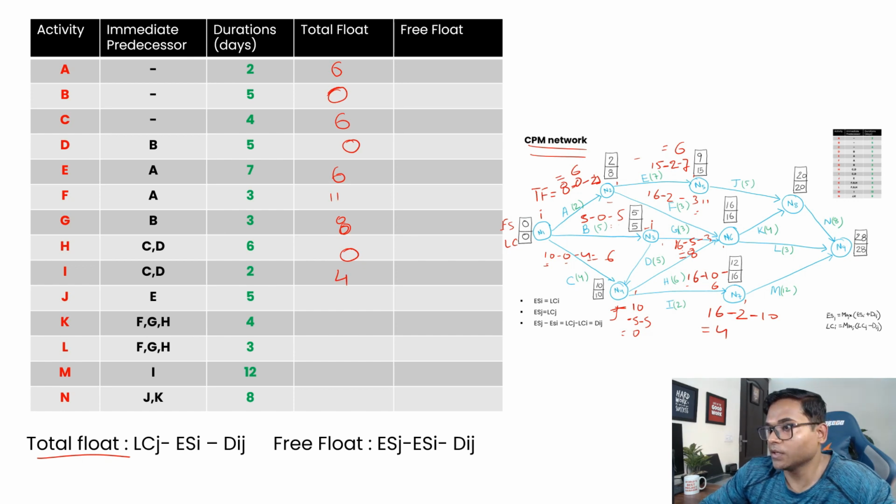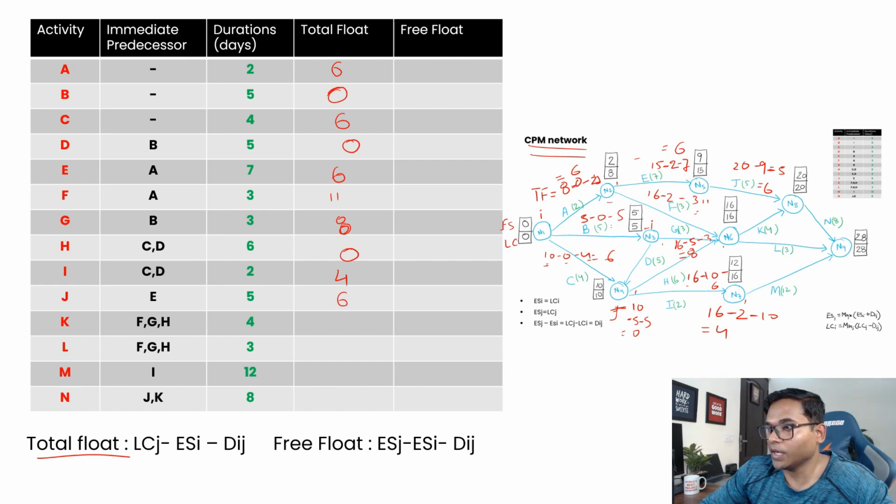Similarly for J, the late completion is 20, minus 9, minus 5, which gives 6. So J is 6.